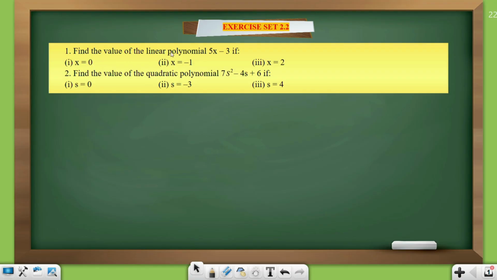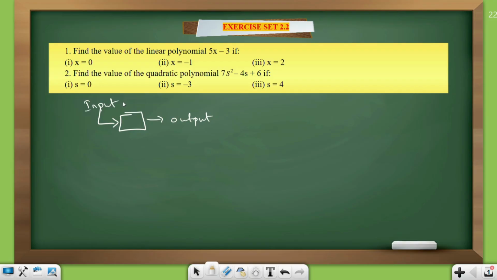Now we need to find the value of the linear polynomial. We know the input and output machine, right? Whatever value we give as an input to this machine, it will give some output value. The machine is here, we give the input value here and we get the output value here.